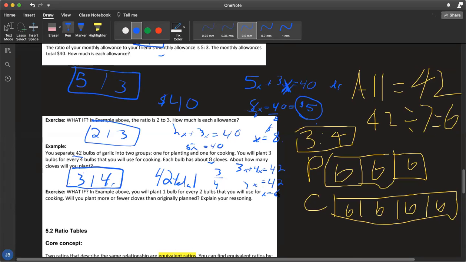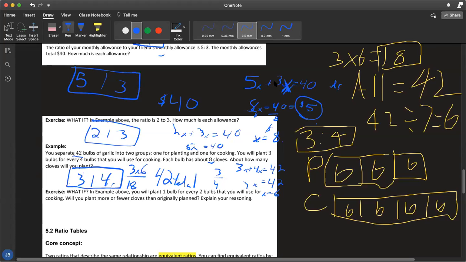So now we can figure out exactly how many we're going to cook with and how many we're going to plant. So we can say 3 to 4 ratio, right? So we'll take our 3 times our 6, because that's what we plug in for x up here. And 3 times 6 is 18. So we have 18 bulbs that we are going to plant. Does that make sense?